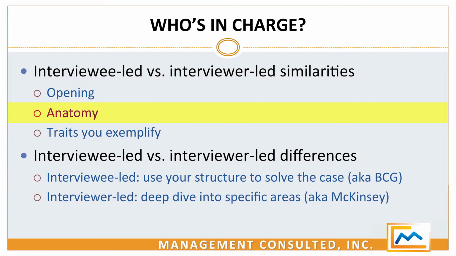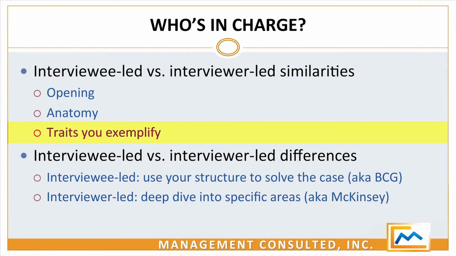As you go back and forth between the two, whether you're leading or they're leading, you're going to be solving the case using numbers and interpretation, using interpretation and backing it up with numbers. And the final piece of the case, the closing, comes no matter what type of leadership is happening. So really, the anatomy that you move through in the case, from the opening to the middle part all the way to the end, is exactly the same, regardless of whether the interviewee is leading or the interviewer is leading.